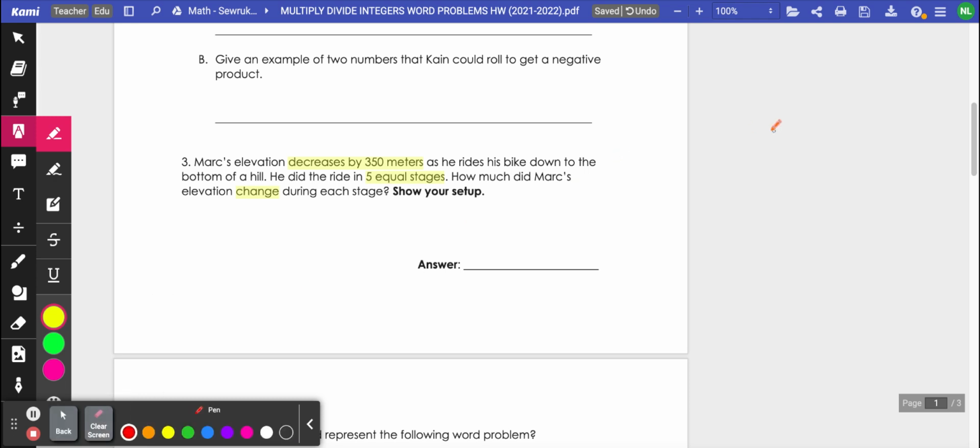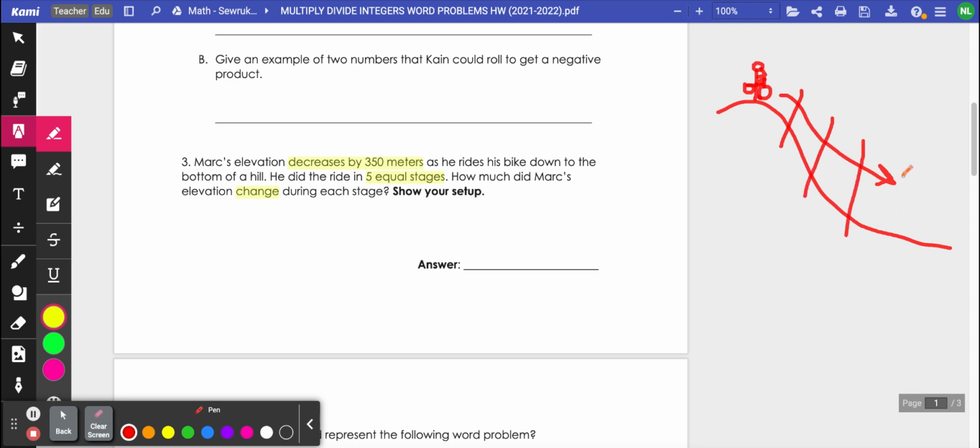So we're talking about change, and normally when we're talking about change, we're talking about dividing. If I draw a little picture that shows the hill, and I show my little guy on a bike, here's the handlebars, there's the guy on the bike, and he's going to go down. We have to break this up into 5 equal chunks. 1, 2, 3, 4, 5.